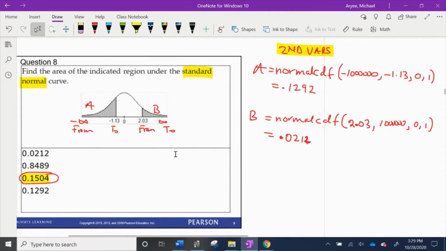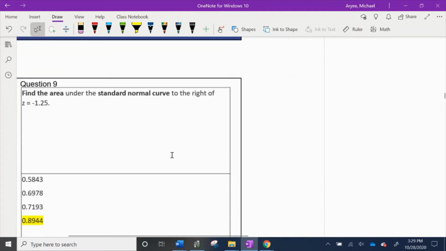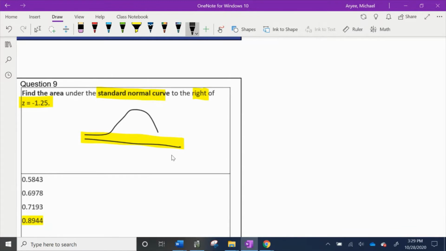Now, this is the question where the standard normal is to the right of this number. Anytime you see a normal distribution question, draw the bell curve to help you. The middle is standard normal, so this is 0. Now, negative 1.25 will be here.